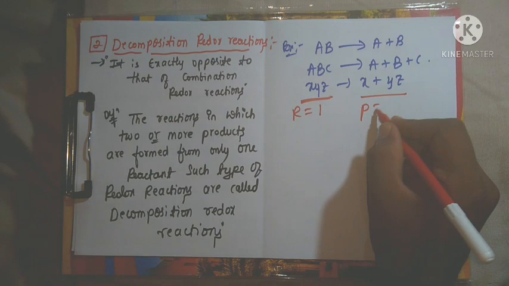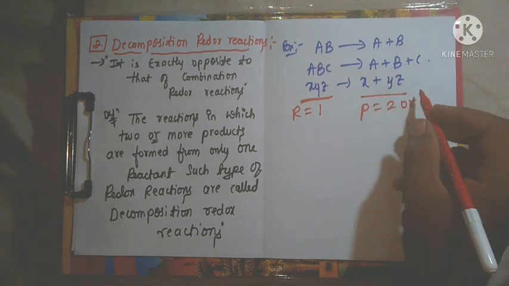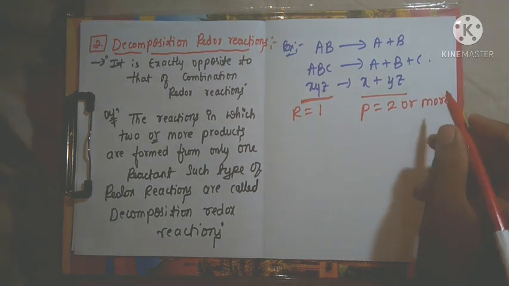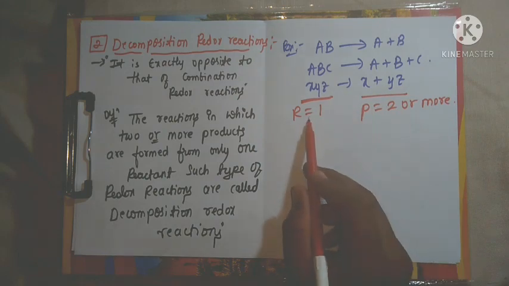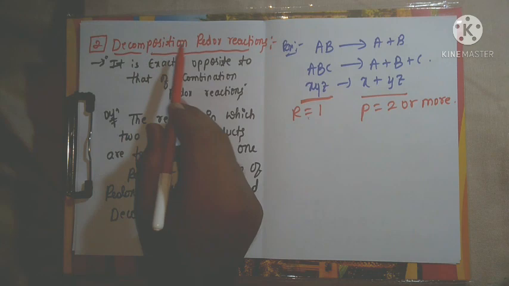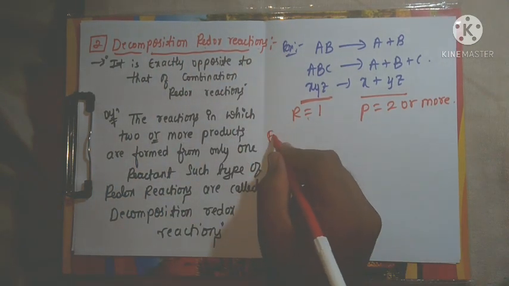If you count the number of products, it may be two in the first reaction, or three in the second. That is, two or more products are forming from the only one reactant. Such type of redox reactions are called decomposition redox reactions.